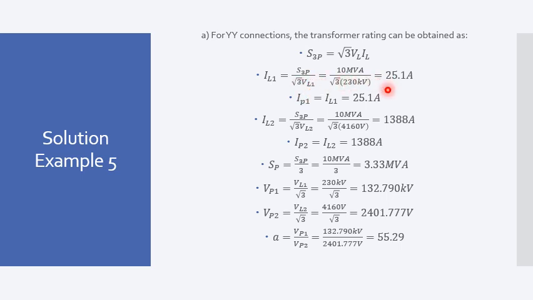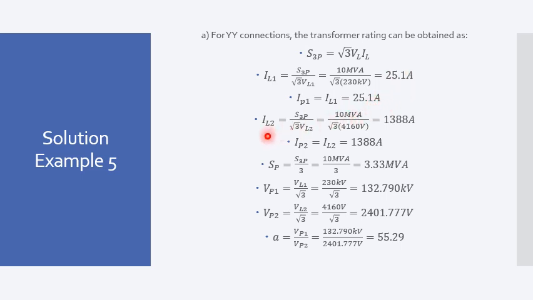So we get the line current at the primary side, S divided by root 3 VL1, is 25.1 A. As we know, the primary side is Y connection. So for Y connection, line current and phase current are the same, so the value is the same, 25.1 A.